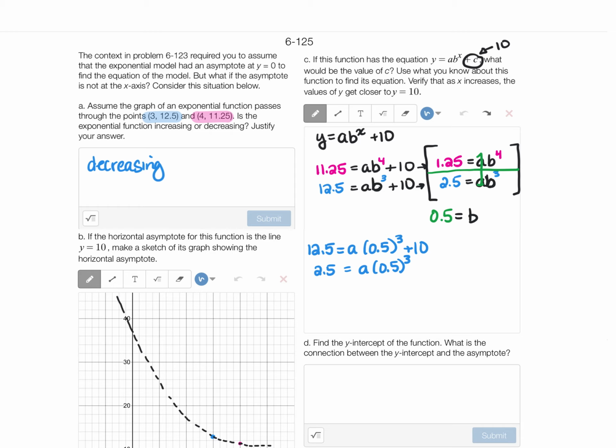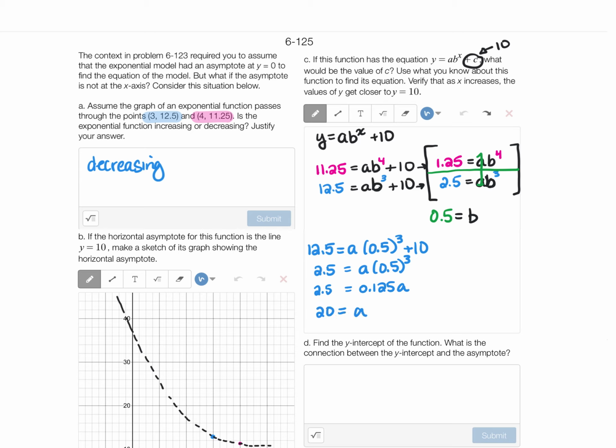Guys, you can always do this using fractions, right? We could do 1/2 to the third power, and you'll still be able to get the right value. But if we do 0.5 to the third power, we get 0.125. So we have 0.125 times A, and then let's divide 2.5 by 0.125, and we get 20 equals A.